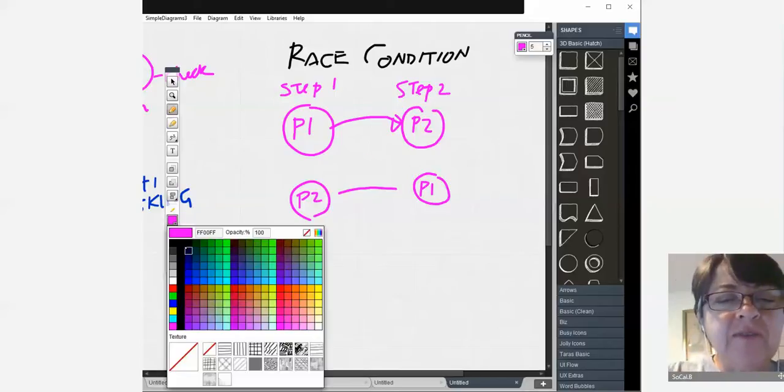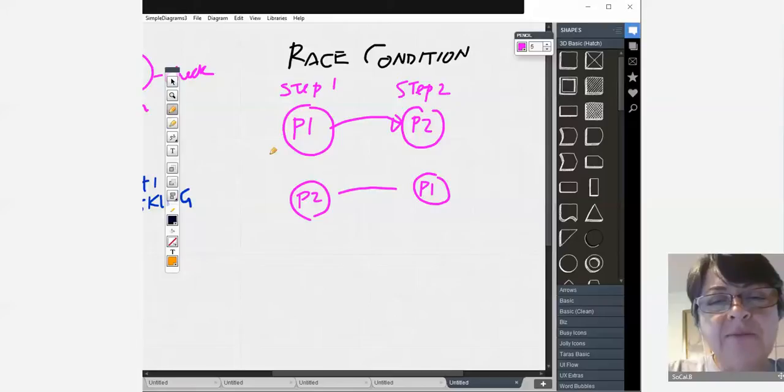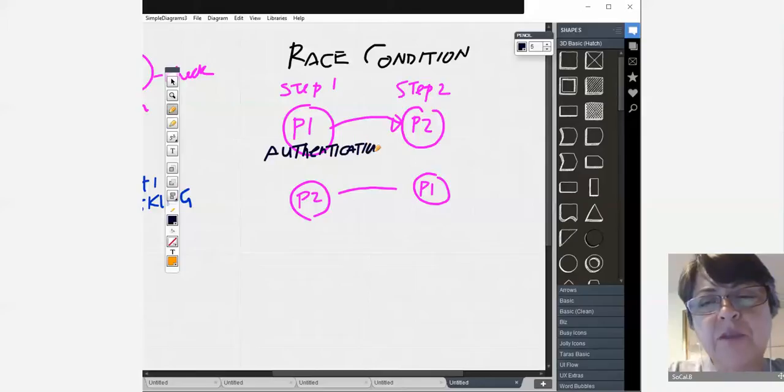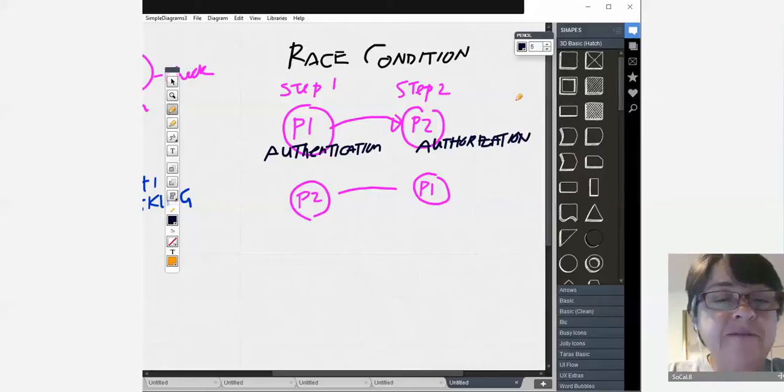And the example that they gave in the book is, how about authentication and authorization, to access, let's say, a file, right? Because authorization gives you permission to access a file.